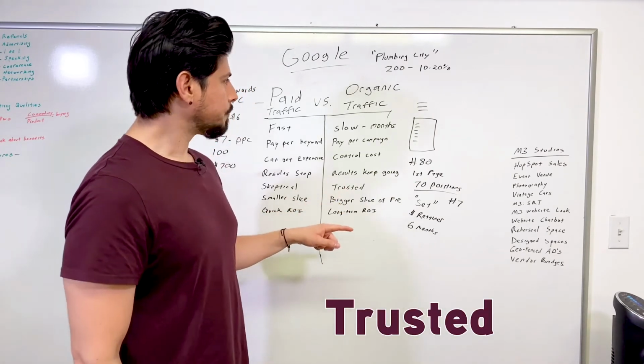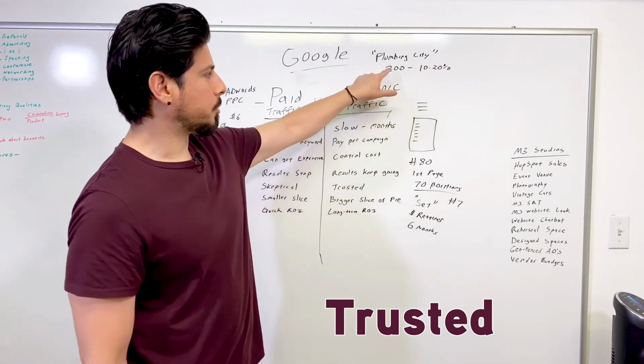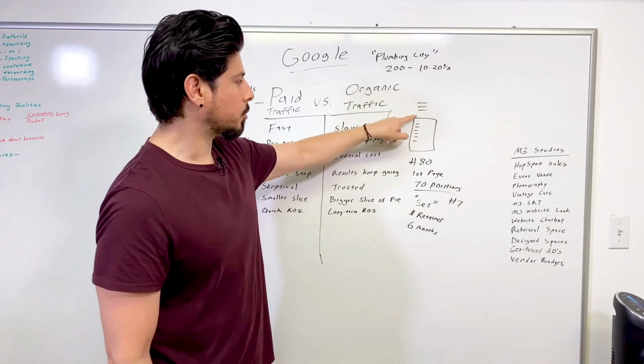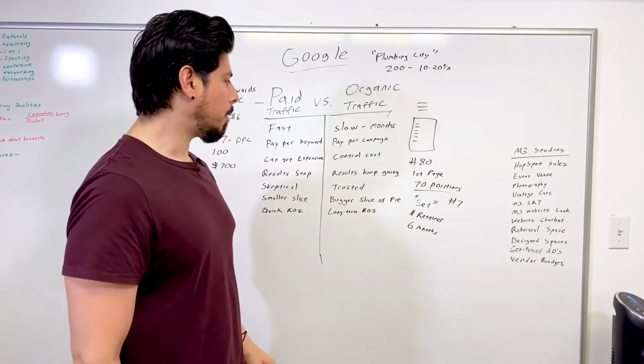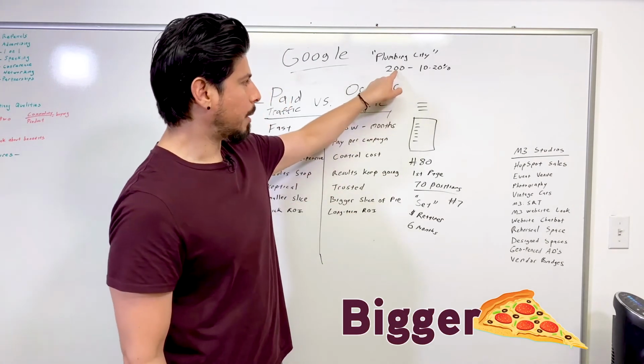It's trusted. Like I mentioned, 80% of the traffic that's searching for something will actually click on an organic listing as opposed to the listings that show up on top as paid results. So you get a bigger slice of the search pie.